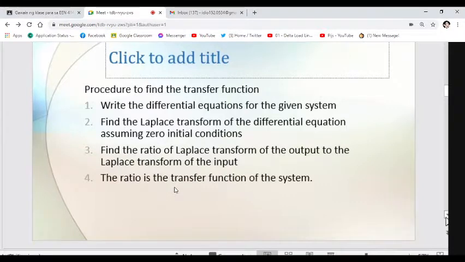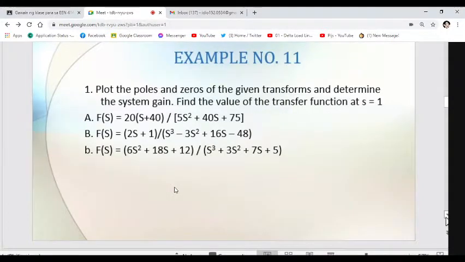Okay, so I'll put it here. Let me just write example number 11. So, example number 11: plot the pole-zeros, determine the system gain, and find the value of the function if, number one, s is equal to 1.